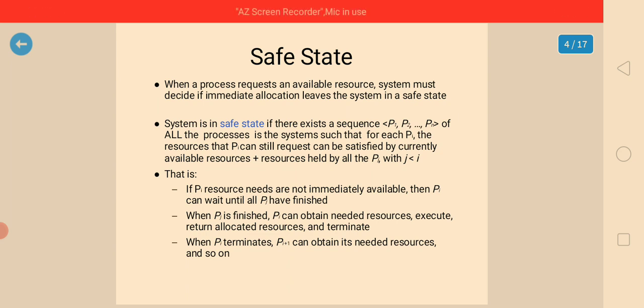For avoiding it, first we need to define the safe state. The system is in a safe state if there exists a sequence of processes P1, P2 up to Pn, of all the processes in the system, such that for each Pi, the resources that Pi can still request can be satisfied by the currently available resources plus the resources held by all Pj with j less than i.